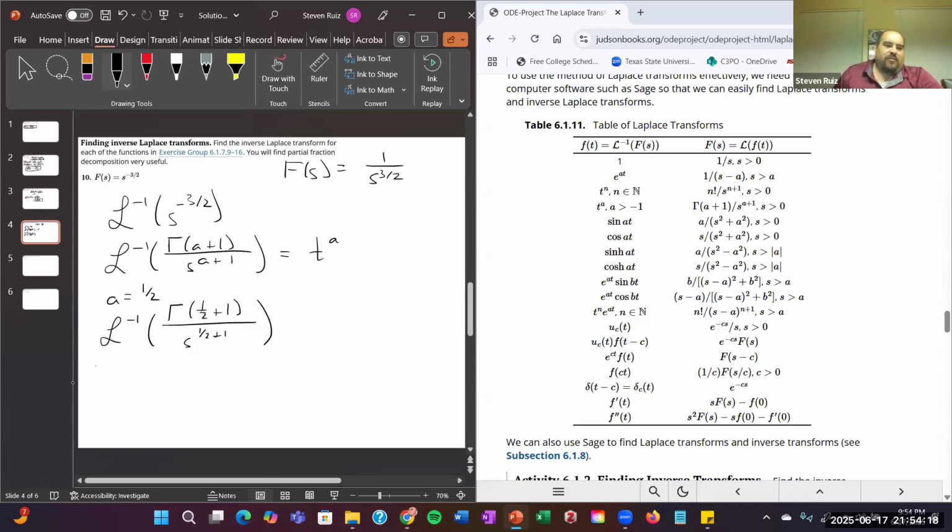Something I recently looked up is that the gamma value of 3/2 is 1/2 times the gamma of 1/2, which I believe is 1/2 times the square root of pi. I'm going to double check that again just to make sure.